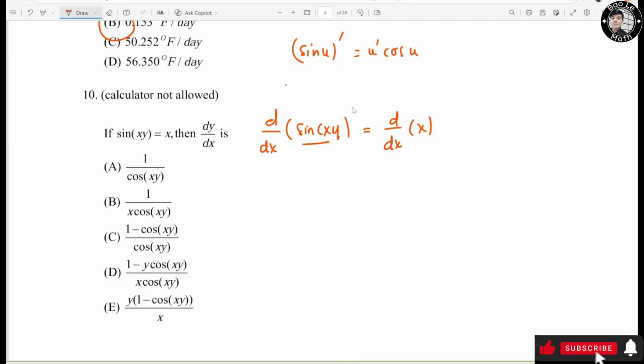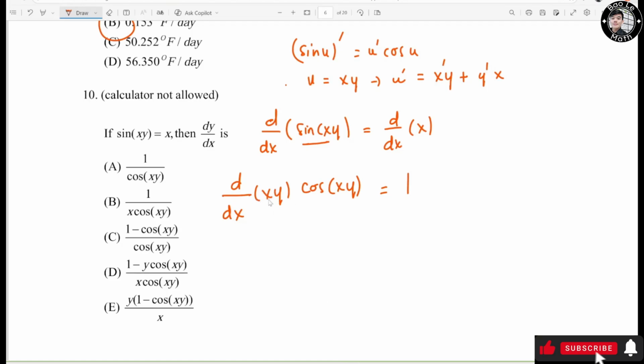Now u in this situation is s times y, so to take u prime, you need to use the product rule. So it's s prime times y plus y prime times s. This becomes the derivative with respect to s of s times y, times cosine of s times y, equals the derivative of this one, which is 1.